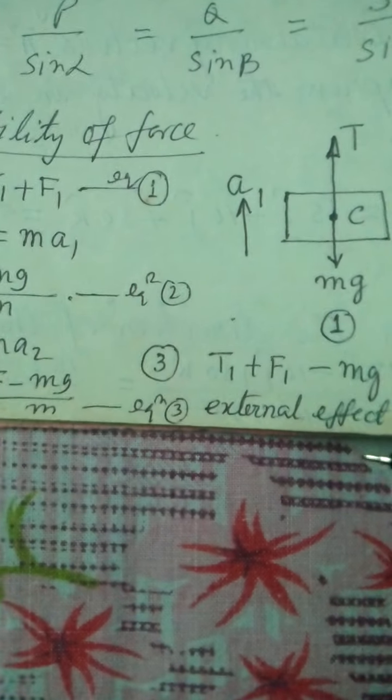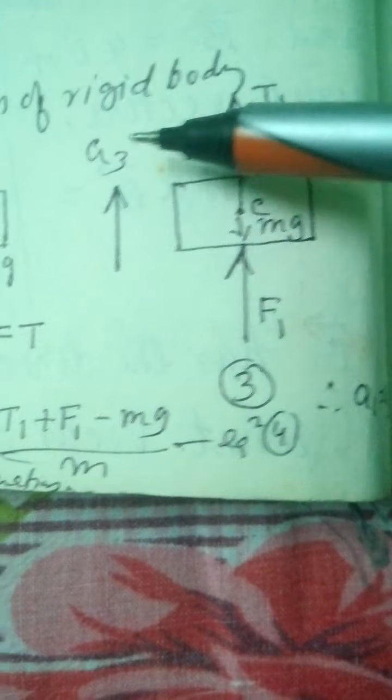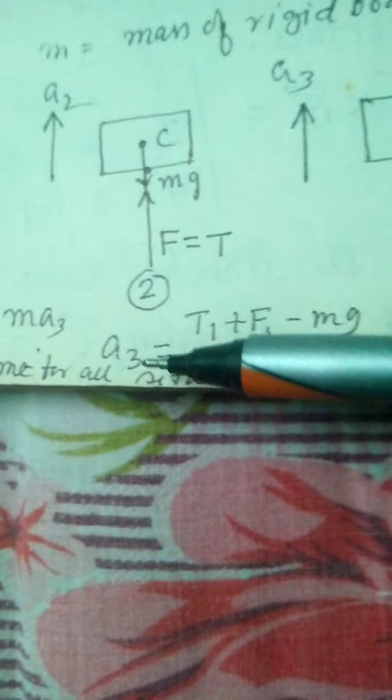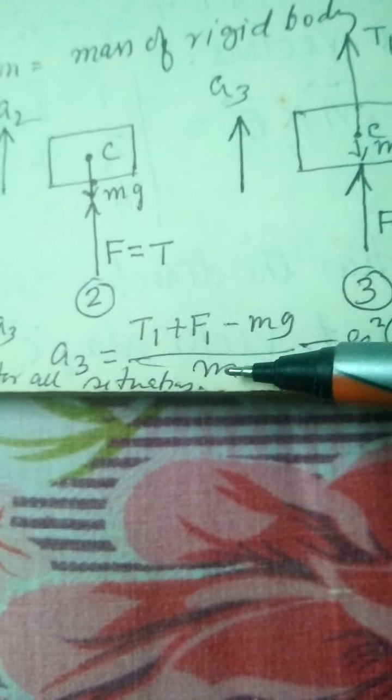Then for this case, T1 plus F1 minus mg is equal to mass into acceleration. So from here we can find out a3 is equal to (T1 plus F1 minus mg) by m.